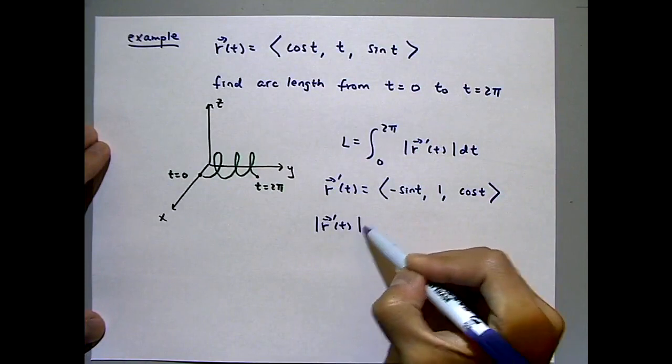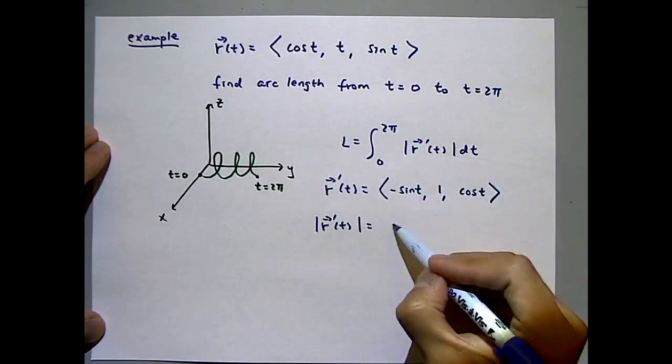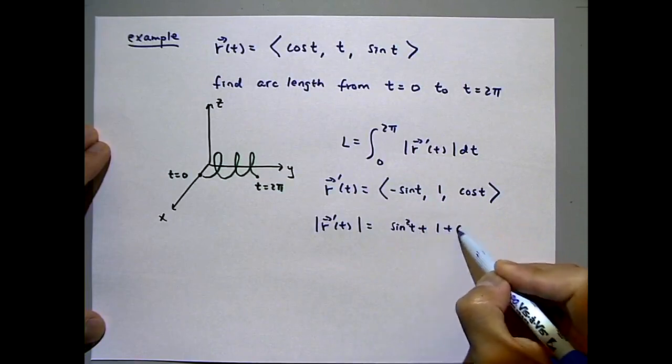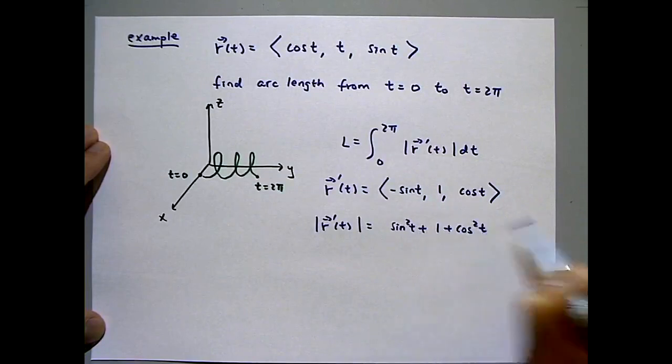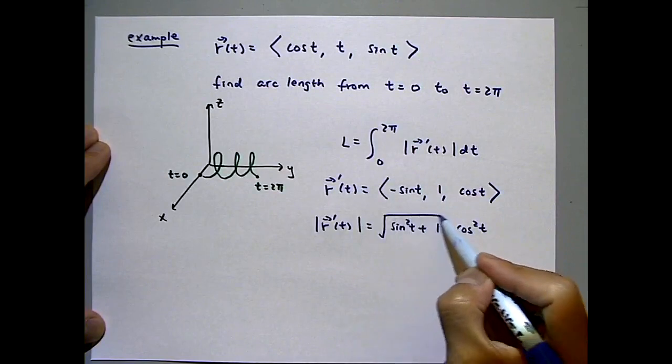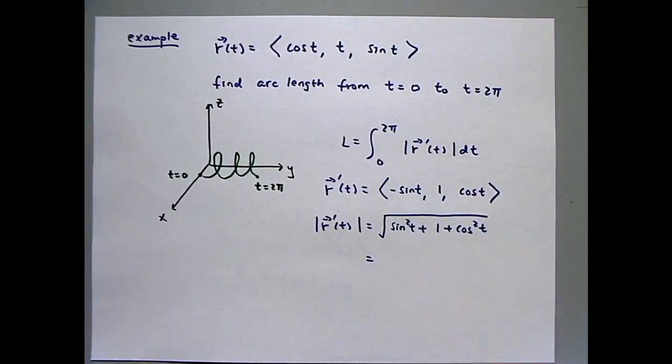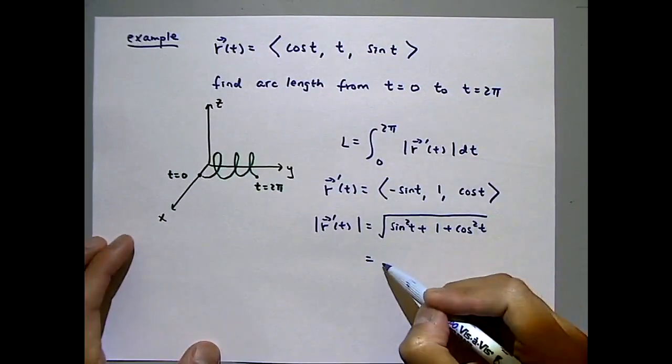And the magnitude is equal to the square root of sine squared plus 1 squared plus cosine squared. Okay, and cosine squared plus sine squared is 1. 1 plus 1 is 2. So this is radical 2.